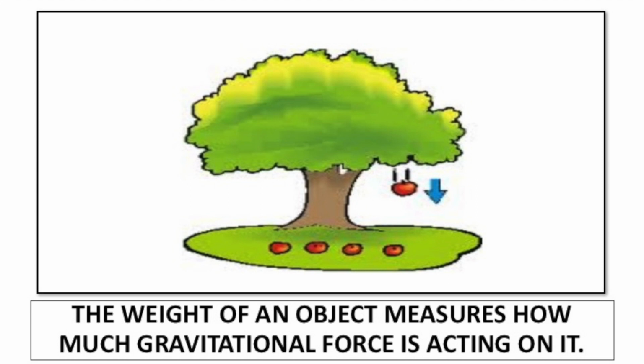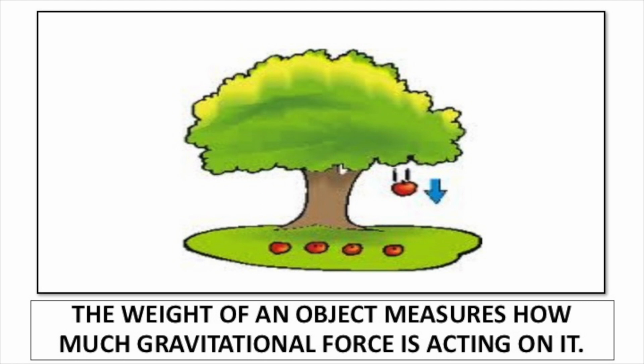Now what can we see in the picture, guys? Yes. What's the bigger thing in the picture? Tree. Now what's happening to this apple here? It's falling down. But why is it falling down? Why doesn't it float up? When the apple comes off the tree, why doesn't it float up into space?